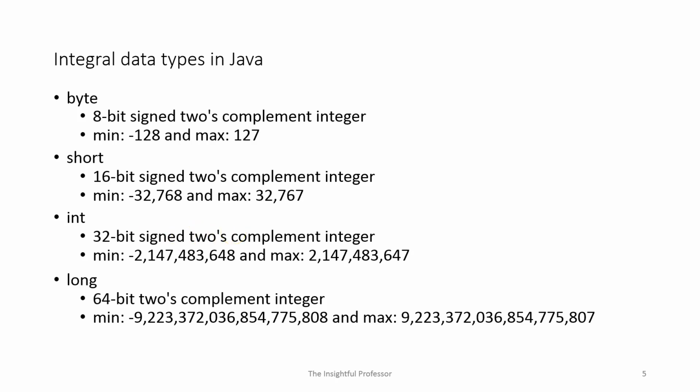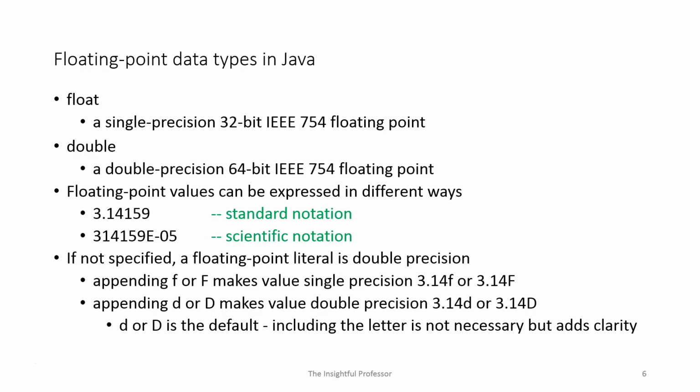And with 64-bit, very big number. What we have is 100, 1,000, million, billion, trillion, quadrillion, quintillion. So -9 quintillion up to +9 quintillion. Pretty big range of values there. But again, these are all whole numbers or integers.